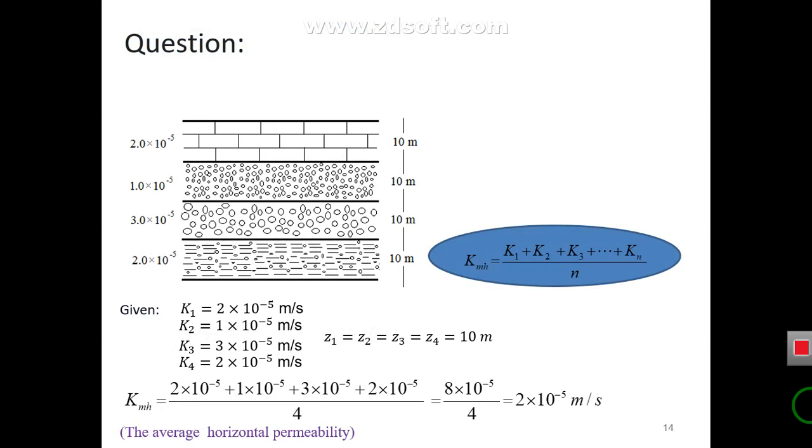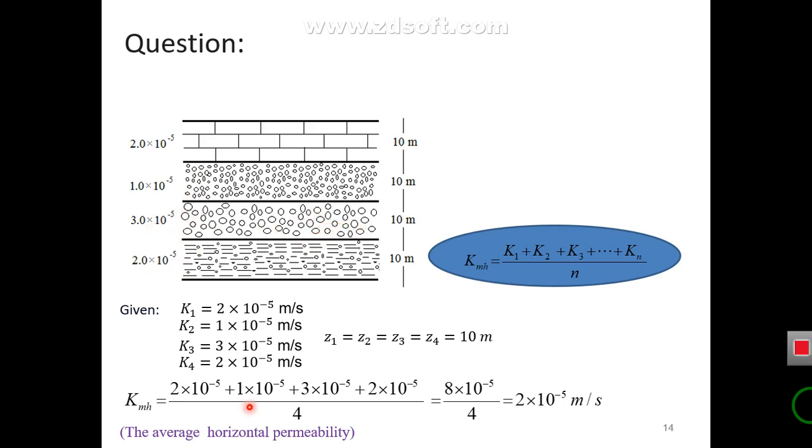Well, here we have provided an example. We have 4 sedimentary layers with the same thickness equal to 10 meters. These layers are placed on top of each other. The permeability coefficient of the layers is given here. The flow is parallel to the stratification.